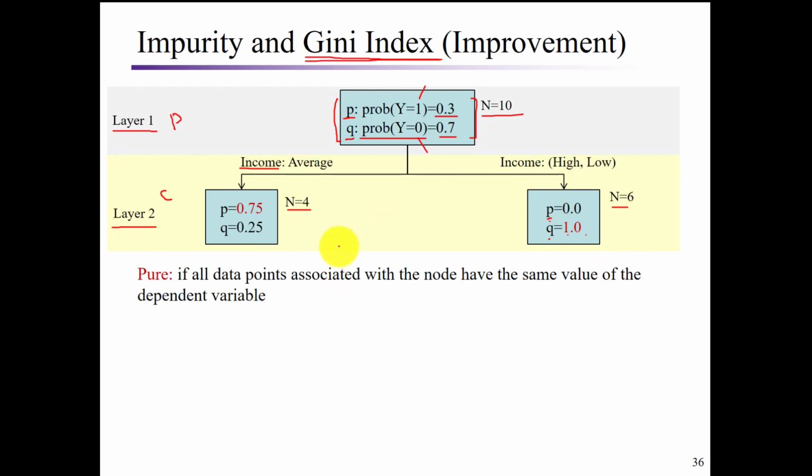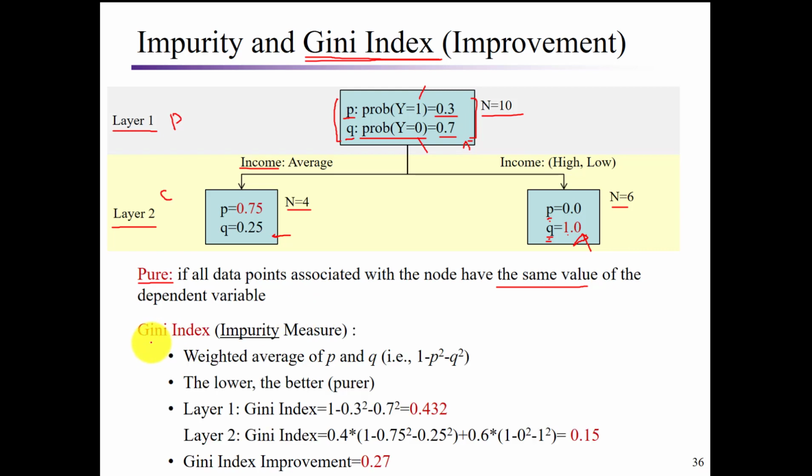In this case, we can calculate purity or impurity. The term pure means all data points associated with the node have the same value. All of them did not purchase Greek yogurt, the same value of the dependent variable. So this is pure, and this is not pure, and this is not pure either.